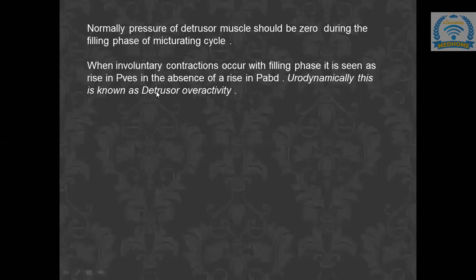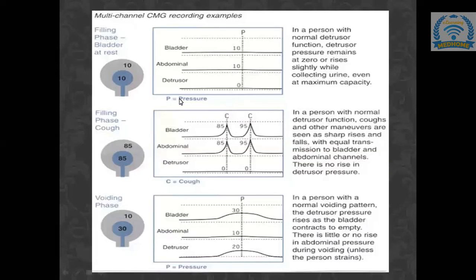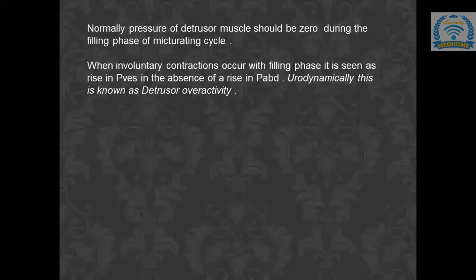Look, when the bladder is filling, the pressure of the detrusor muscle should be 0. That we just understood right now. When the bladder is filling, the detrusor muscle pressure should either remain 0 or rise slightly. This is the same point that is mentioned here. Normally, the pressure of the detrusor muscle should be 0 during the filling phase of the micturating cycle.